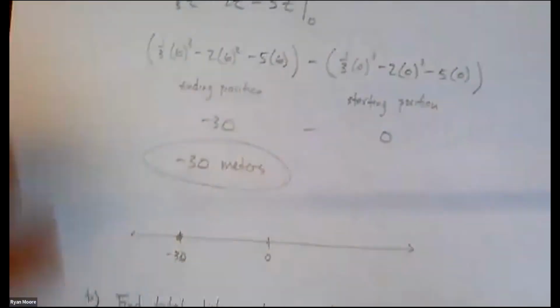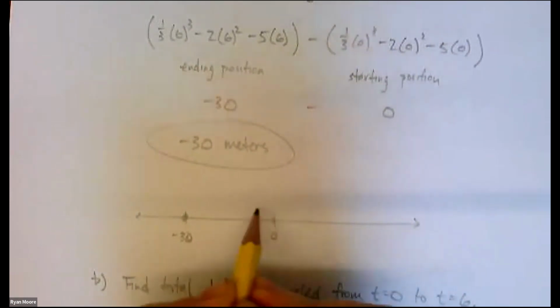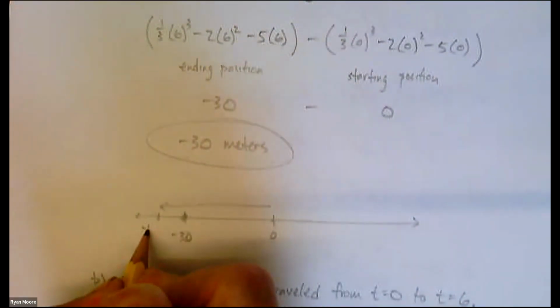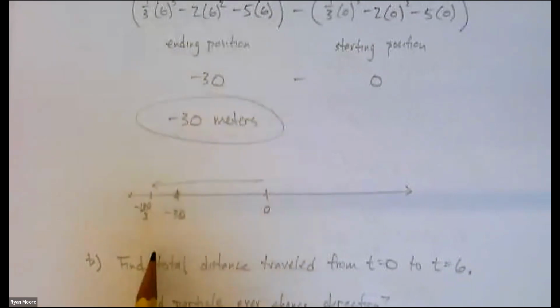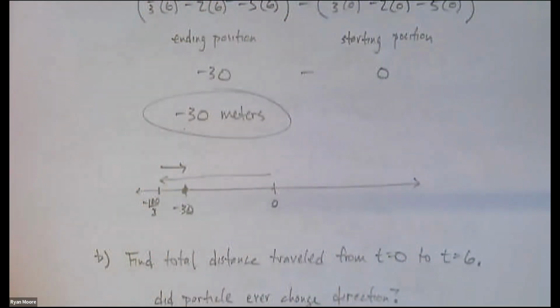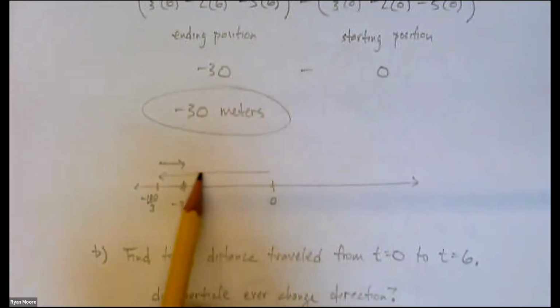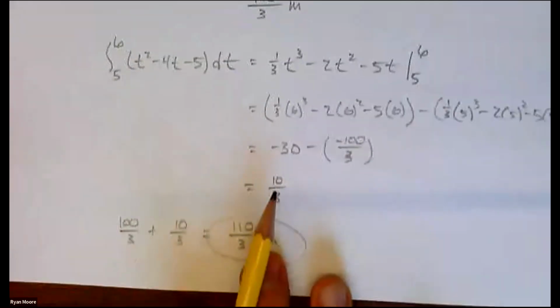What happened was that in the first 5 seconds, it went this direction, negative 100 over 3. That's past negative 90 over 3, so it overshot it just a little bit, and then it came back. And so the total distance is 100 over 3 and 10 over 3, 110 over 3 in the end.